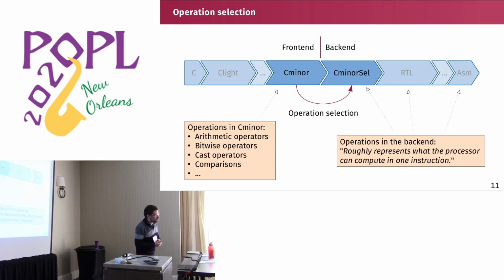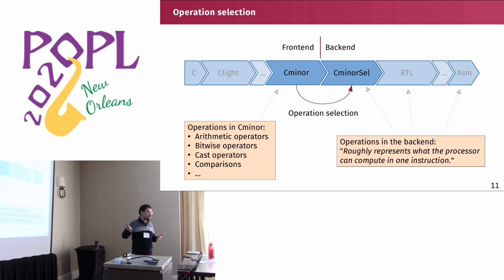I will first focus on a specific transformation that happens during the compilation, which is called the operation selection. It's a part of the compilation whose goal is to compile the operations from the source language, which are the usual operations you're used to, such as arithmetic operations, comparison, etc., into what the processor can actually compute in about one instruction.